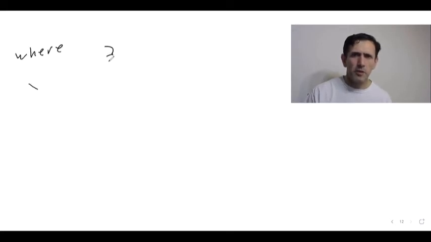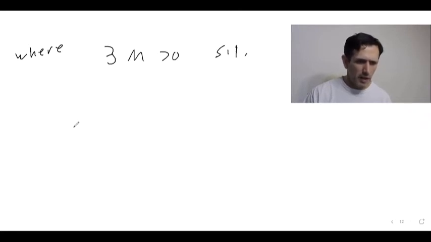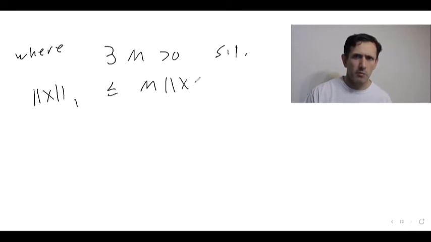Now let's assume there exists M positive where the norm of x in the first norm is less than or equal to M times the norm of x in the second norm.